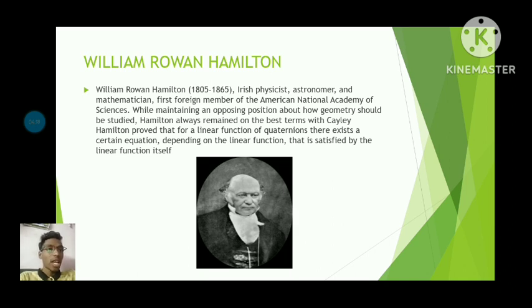He was a physicist, astronomer and mathematician, the first foreign member of the American National Academy of Sciences, while maintaining a position about how geometry should be studied. Hamilton always remained on the best terms with Cayley.